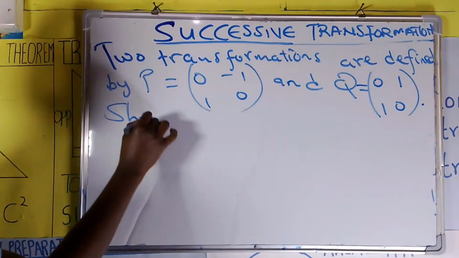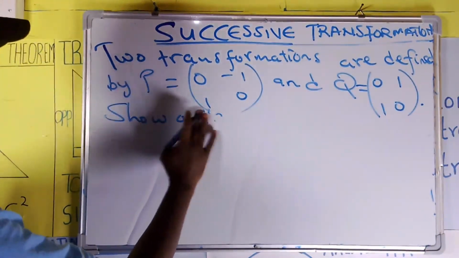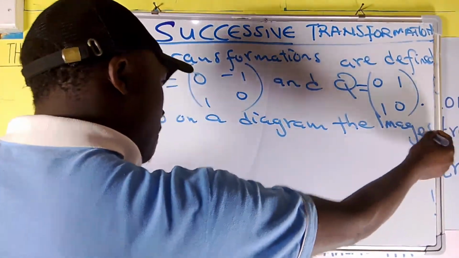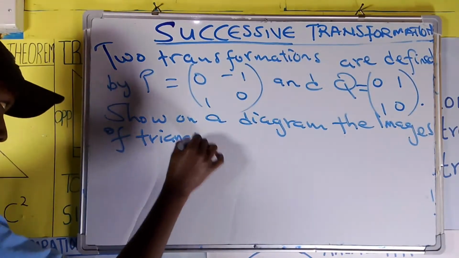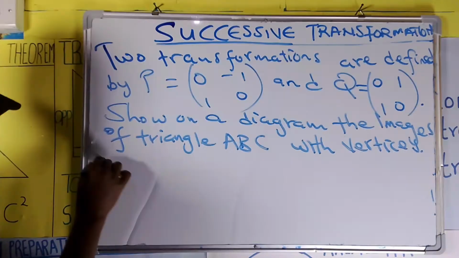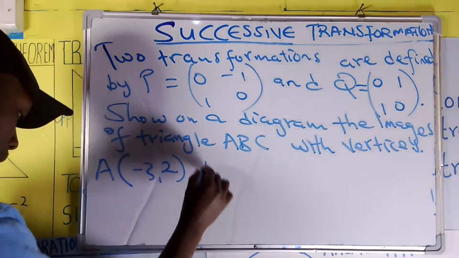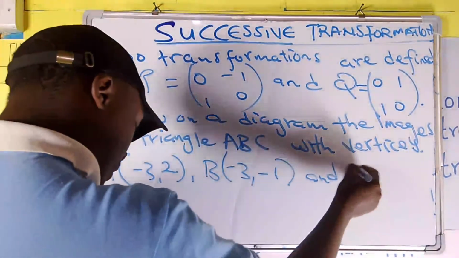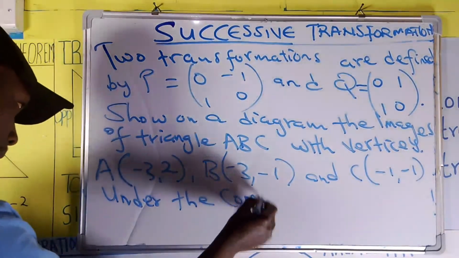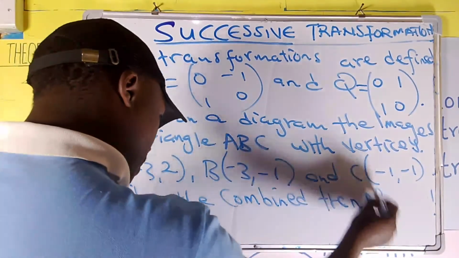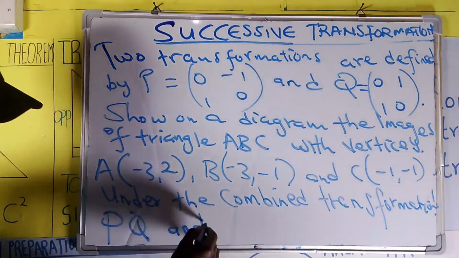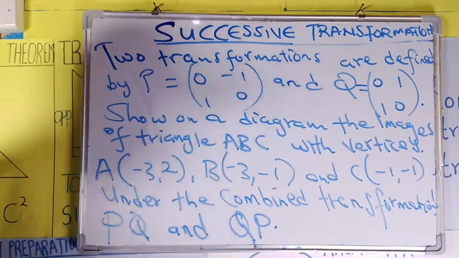Show on the diagram the images of triangle ABC with vertices A(-3, 2), B(-3, -1), and C(-1, -1) under the combined transformation PQ and QP.